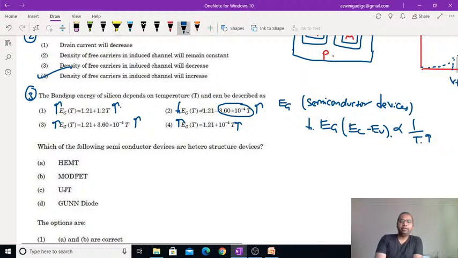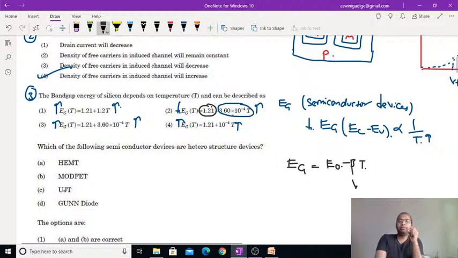That means the relationship between the energy band gap and the temperature is the second expression, that is Eg of T, or else Eg can be taken as E naught, that is the energy band gap of the silicon at 0 degree Kelvin, 1.21 electron volts, minus beta into T. It is the correct expression, where beta is the material constant.